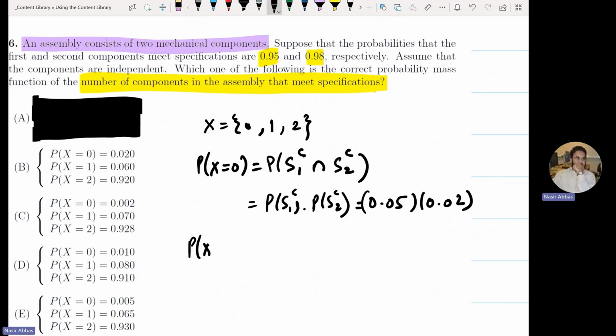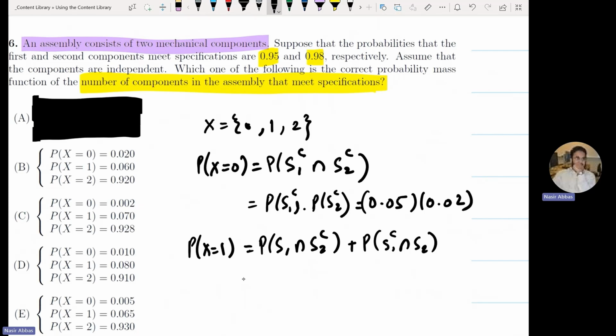What is the probability that one of them meets the specification? You will discuss both cases. The probability that the first one meets the specification but the second one does not, plus the probability that the first one does not meet the specification and the second one does. What are these probabilities?